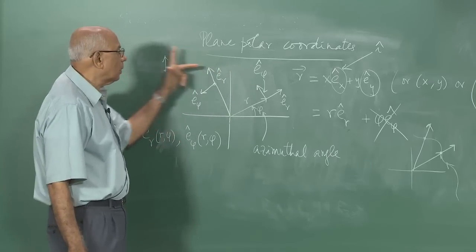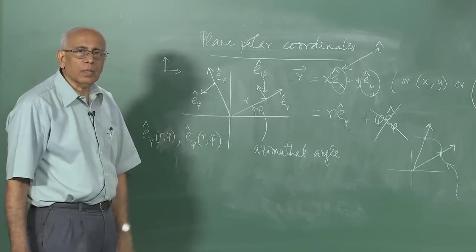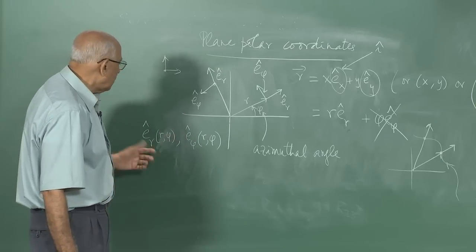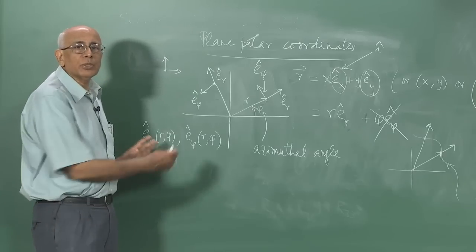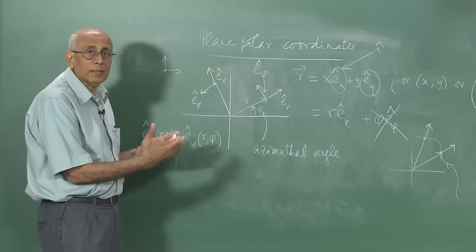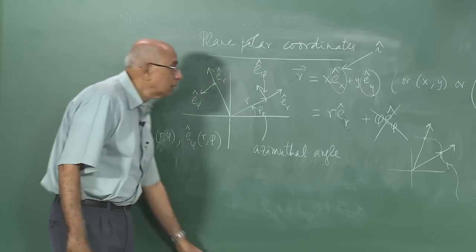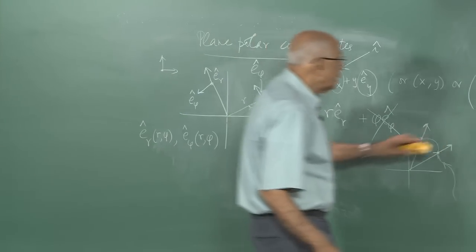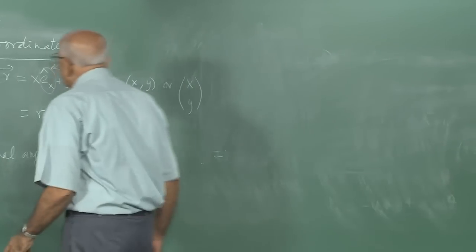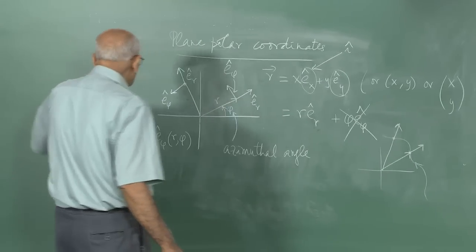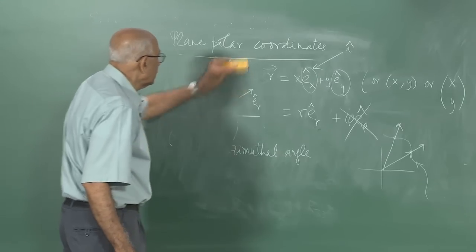They are fixed once and for all, independent of the coordinate or the position of the particle, but the unit vector in any other non-Cartesian system immediately is position dependent and we have to take that into account at all times.